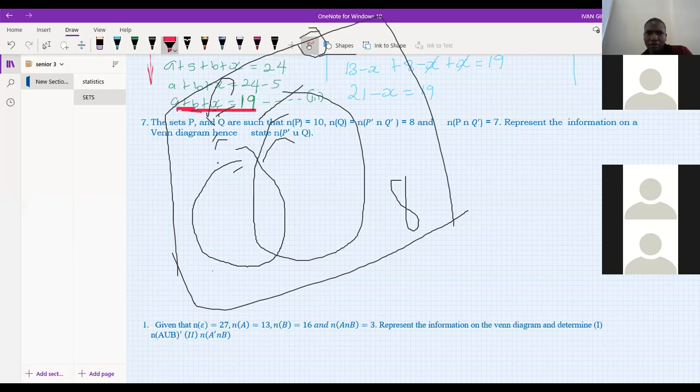That is Q, this is P. Where is the 7? Yes, we can see it. Where is the 10? The 3 is in the center, that's correct.